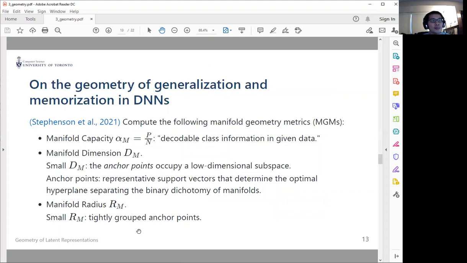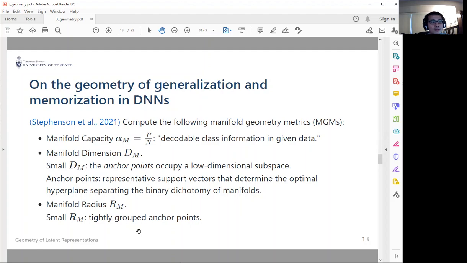In addition, they compute the manifold dimension D_M and the manifold radius R_M. So if the manifold dimension is small, then the anchor points occupy a low-dimensional subspace, and the anchor points are the representative support vectors that determine the optimal hyperplane separating the binary dichotomy of manifolds.